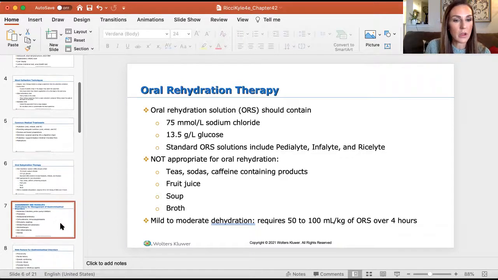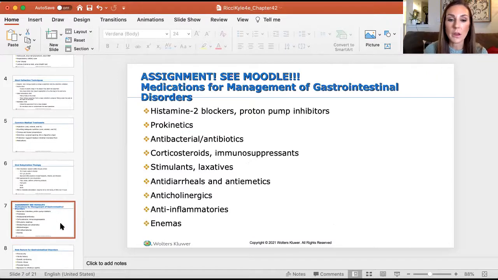So let's go to, okay, here is your assignment that I wanted you guys to see. I want you guys to know these. The assignment that's going to be posted will have instructions on it. There are 9 categories. I want you to pick one medication from each of those 9 categories, and you're going to include the generic name and trade name.